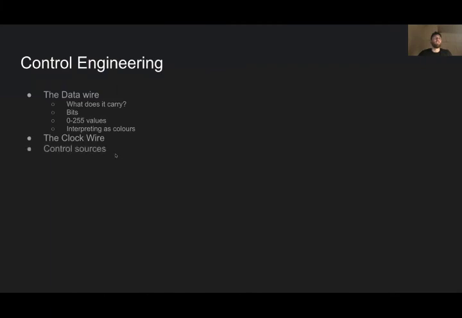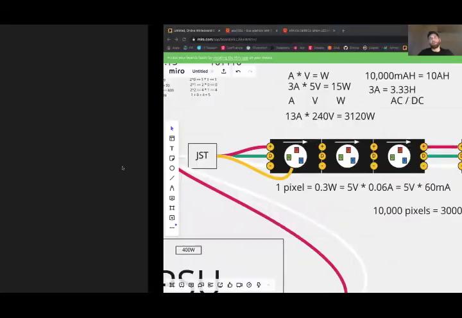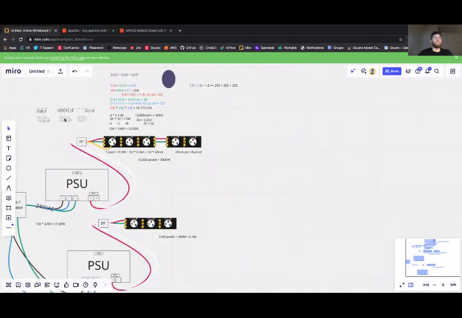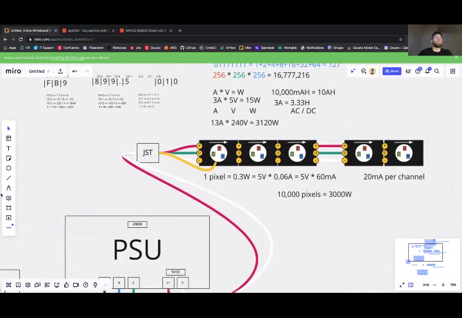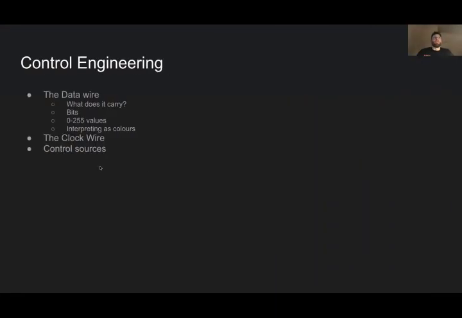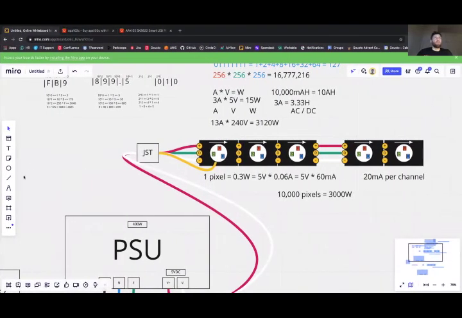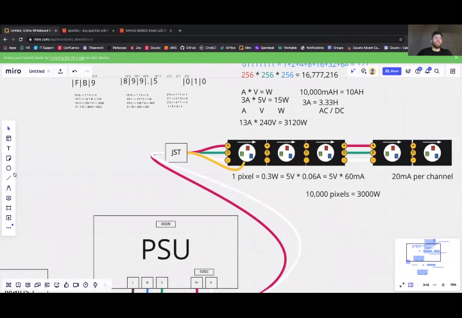Okay. Now let's get into control sources. Okay, so control sources is a vast subject. How do we actually generate this digital signal and send it down this wire? Typically, we're going to use something called a microcontroller. This is essentially a small computer on a circuit board.